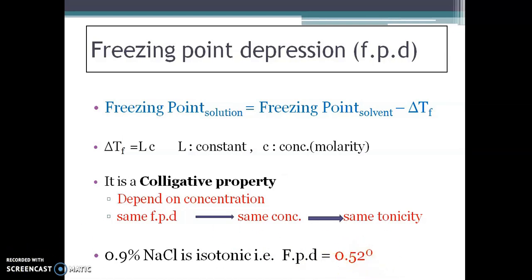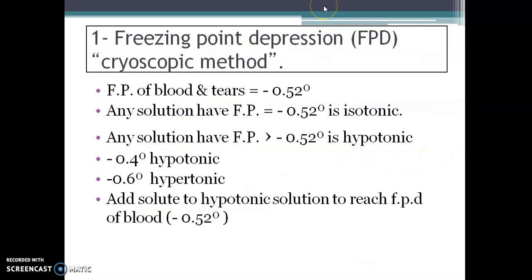Now next is the depression in freezing point or cryoscopic method. The freezing point of the blood or tear is equal to minus 0.52 degrees Celsius. If any solution has a freezing point of minus 0.52 degrees Celsius, that is an isotonic solution.